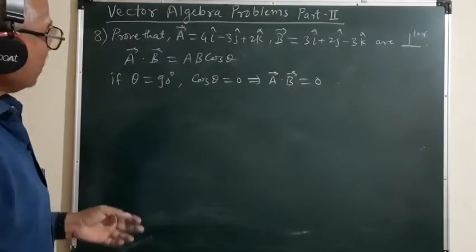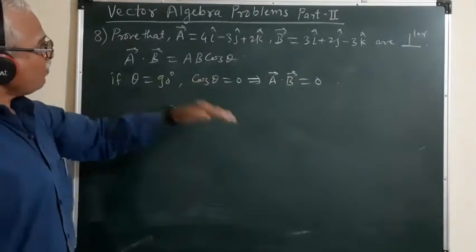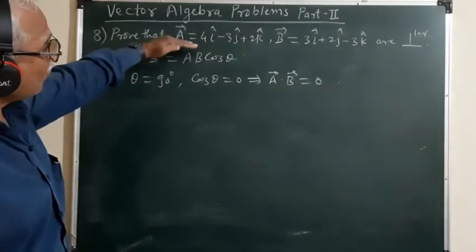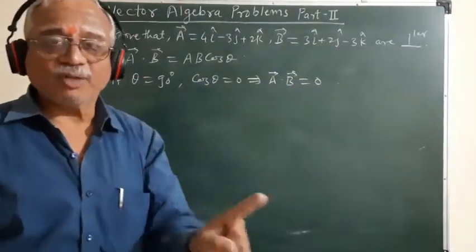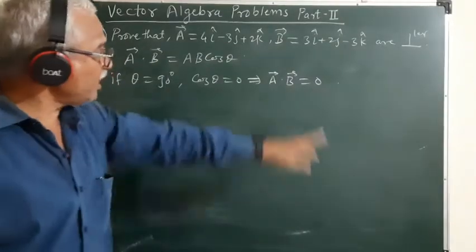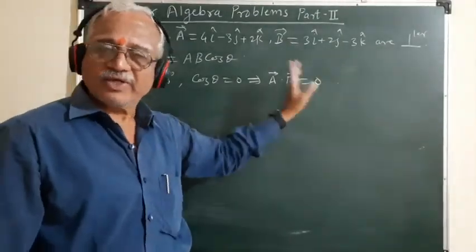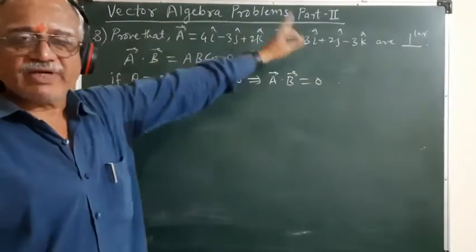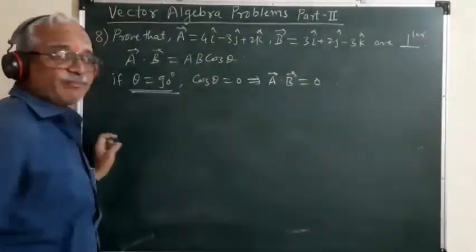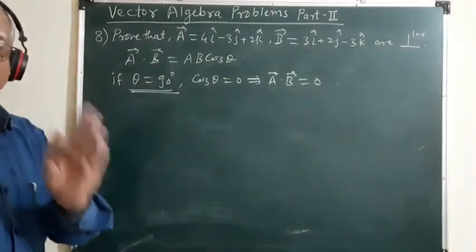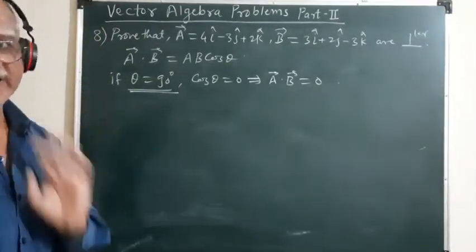So if we evaluate the dot product of the vectors a bar and b bar, and this dot product works out to be 0, then we can say that the two given vectors are mutually perpendicular to each other. The angle between these two vectors is 90 degrees.